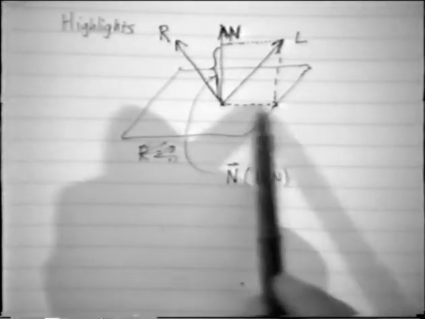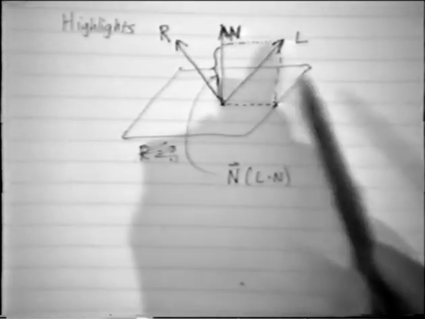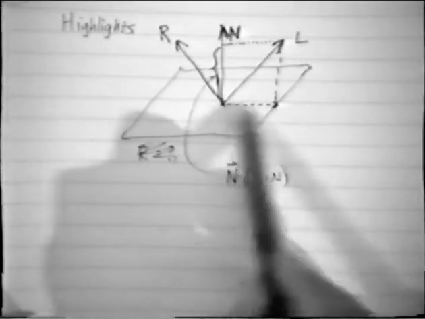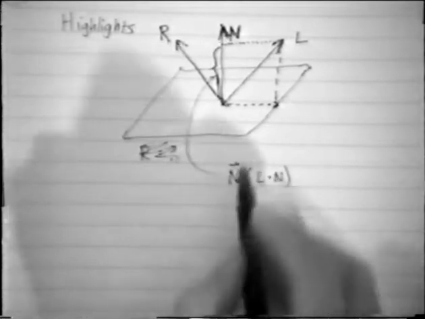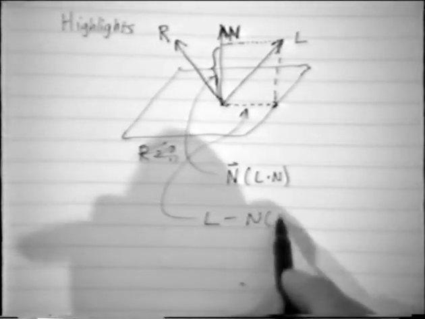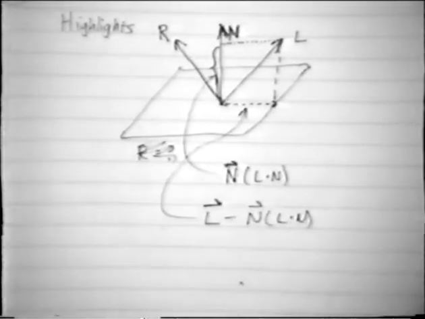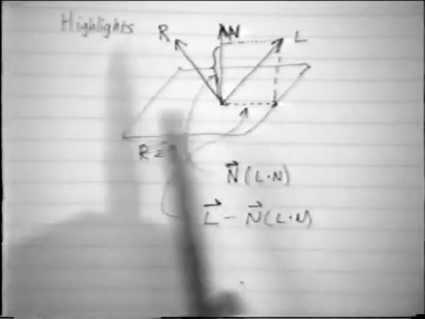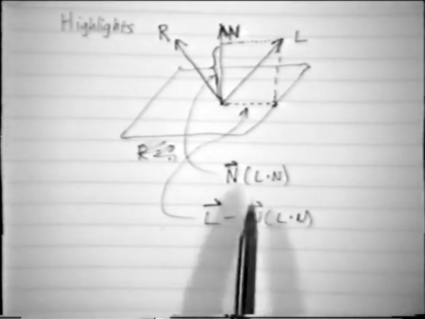The perpendicular component of L is going to be just L minus this. If the horizontal component plus the vertical component equals L, then the horizontal component equals L minus N times L dot N. Put arrows over the vectors so we can keep track of what they are. So what's R going to be? R is going to be the same thing except this horizontal component points in the other direction. So it's going to be minus the horizontal component plus the vertical component.